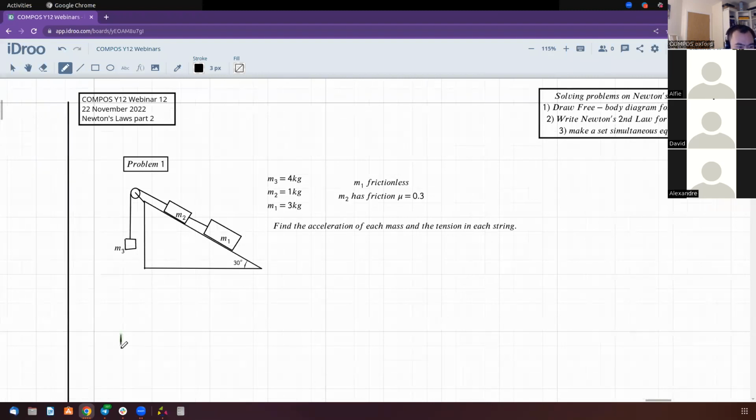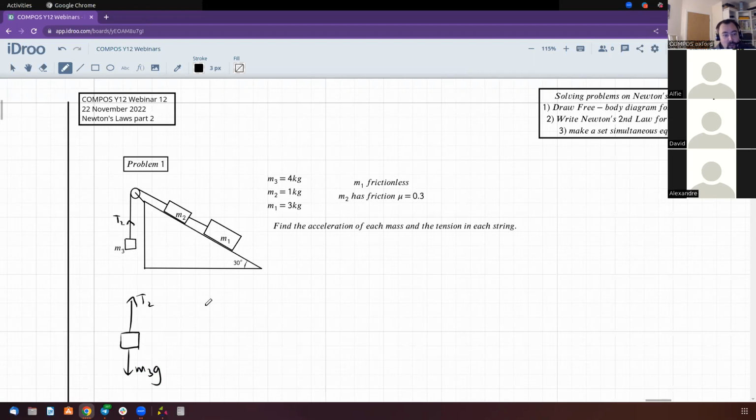Okay, so let's start with the easy one, M3. What are the forces acting on M3? Well, the forces acting on M3 are the tension. Now these are 2 ropes with 2 separate tensions, so I'm going to call this T2. And there's the gravitational force M3G. Now I need to decide whether the system will move up or down.